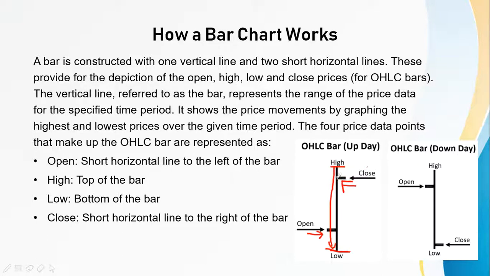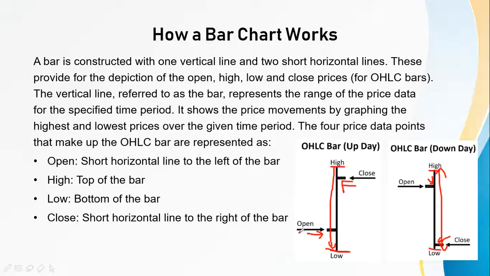This shows a bullish bar chart bar, and here we have the bearish example. This is the range for the specific day. Here we have the high price and here we have the low price. This horizontal line shows the closing price, and here we have the opening price.